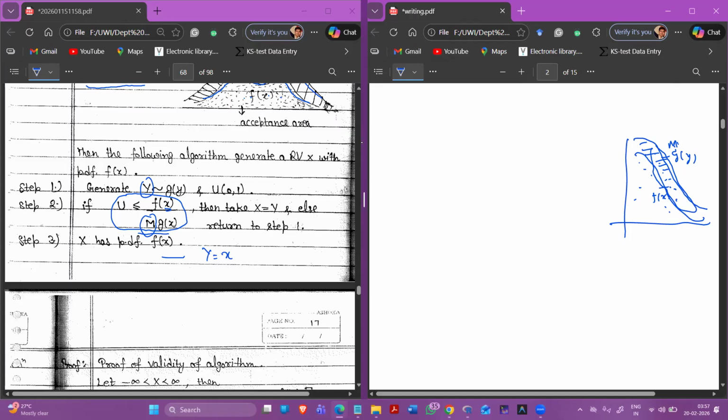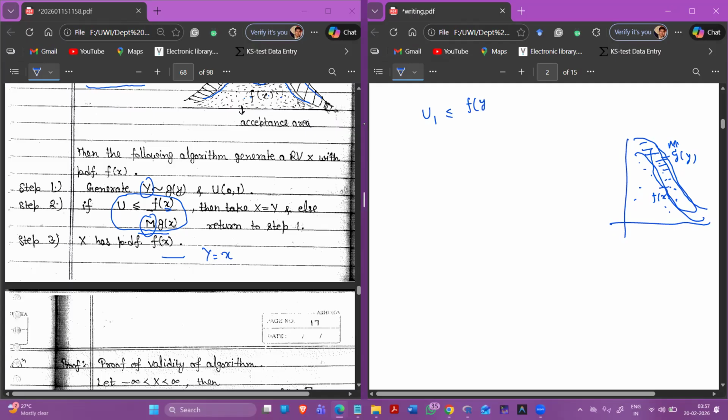I will generate one value u1 from the uniform distribution and compare it with the ratio for one value y1 generated from gy.